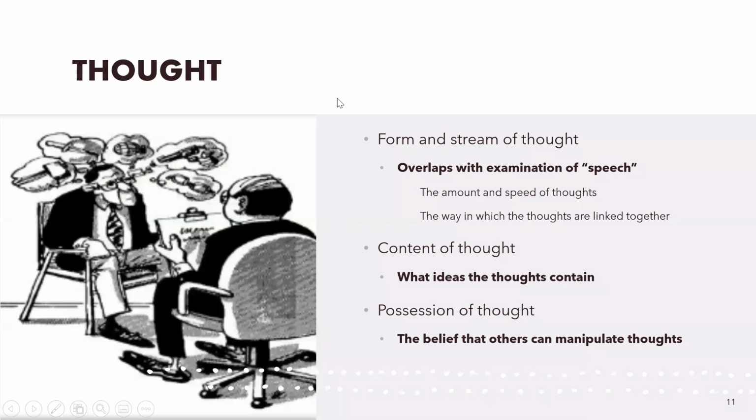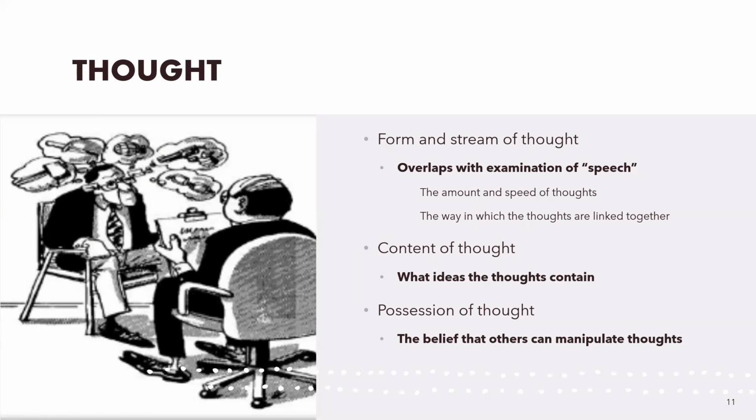Next, we have the component of thought. Now, you can assess thought under three domains, basically. The first domain is form and stream of thought. The second is content of thought. And the third is possession of thought. We will go through these in more detail, and I'll tell you how you can ask these questions in a history-taking station.